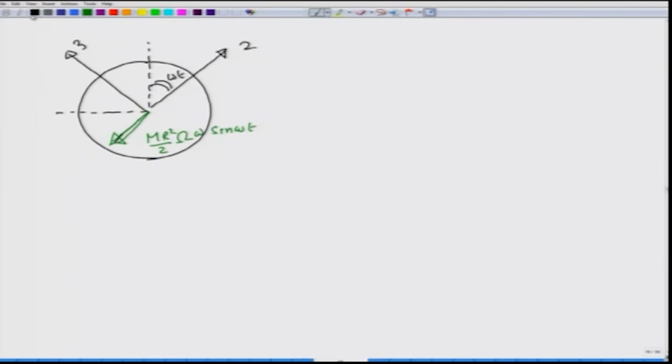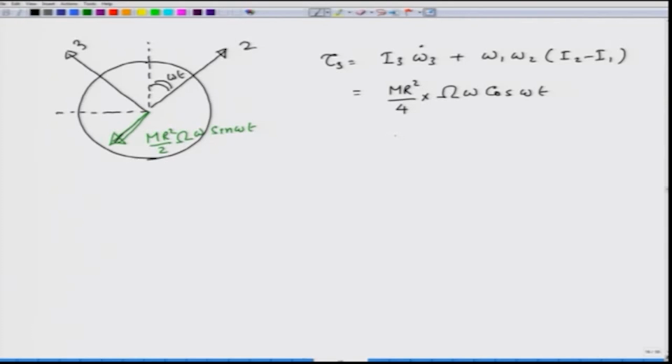Now, tau 3 is I3 omega 3 dot plus omega 1 omega 2 times (I2 minus I1). I3 is again m r square by 4, and omega 3 is nothing but capital omega omega cosine of omega t, plus omega 1, which is minus v over r, times omega 2, which is capital omega cosine of omega t, and I2 minus I1 is minus m r square by 4.